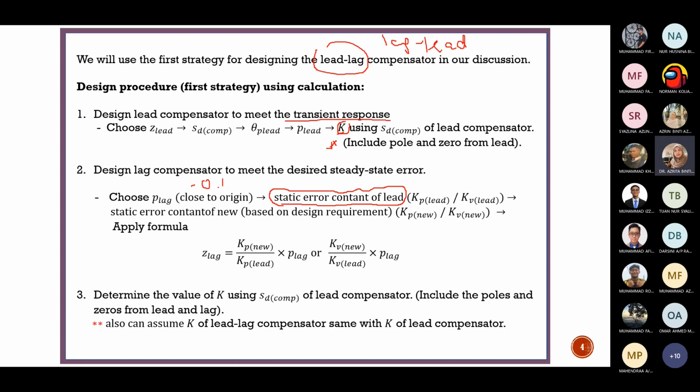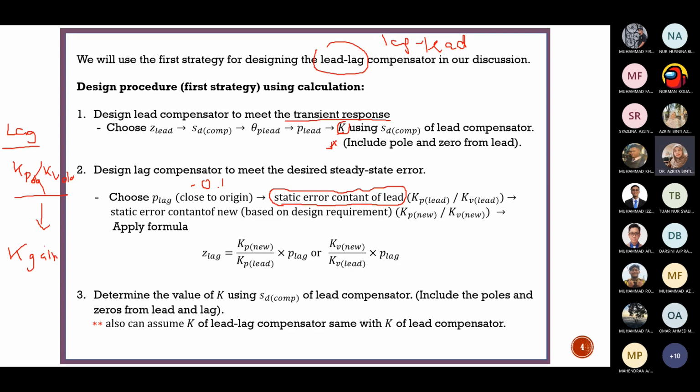For the lag compensator only, what you already learned, you will find the static error constant, either Kp or Kv, for the K gain controller. That means the Kp old or Kv old we find from the K gain controller.